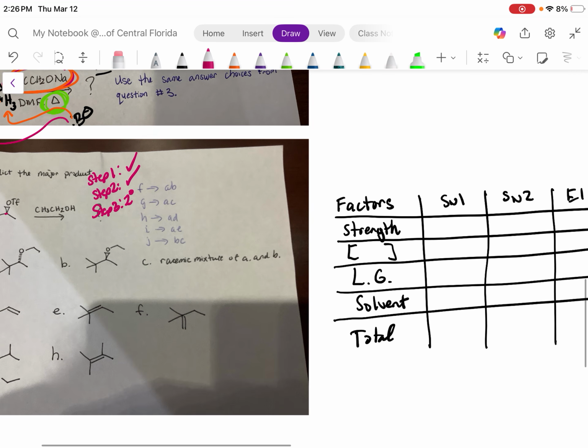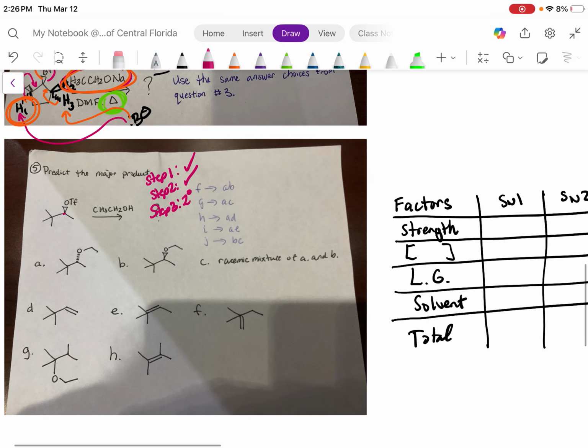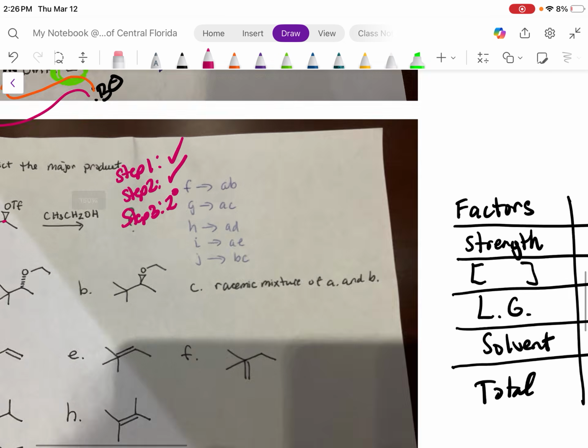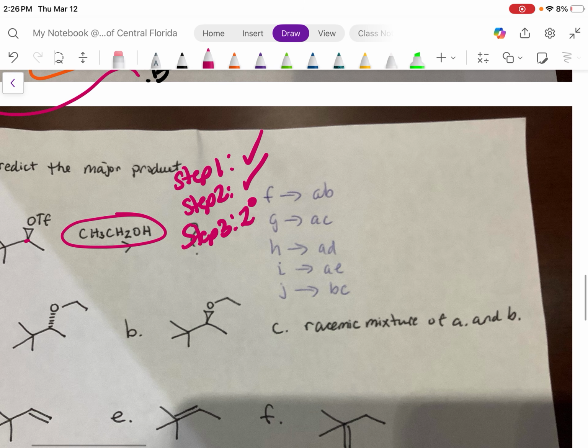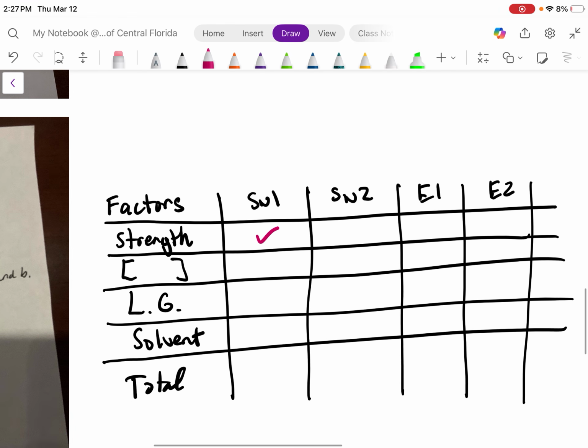So now we just go back to our little table here. The strength of the attacking species: you can see that the oxygen has 2 lone pairs and it's neutral. Because it's neutral, that's going to favor SN1 and E1.